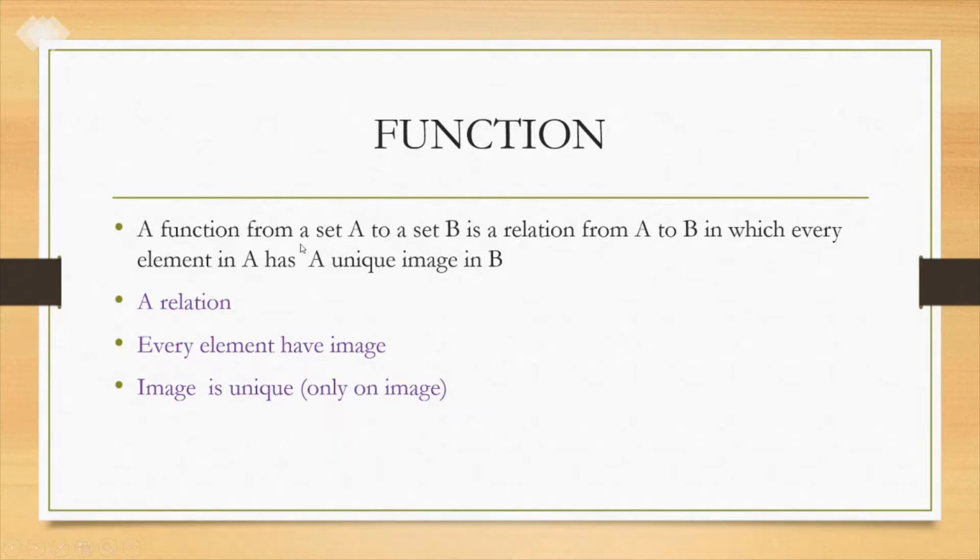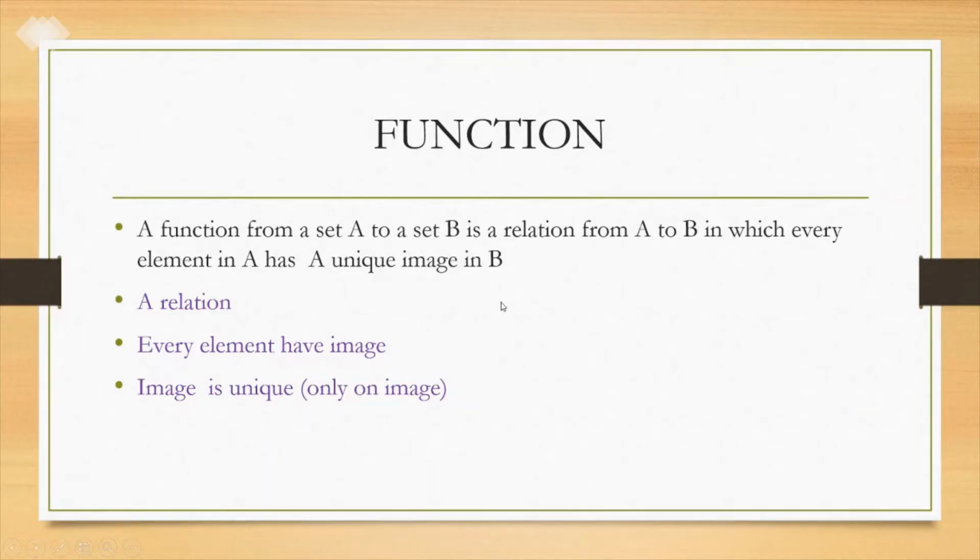A function from a set A to a set B is a relation from A to B in which every element in A has a unique image in B. So that is called a function.